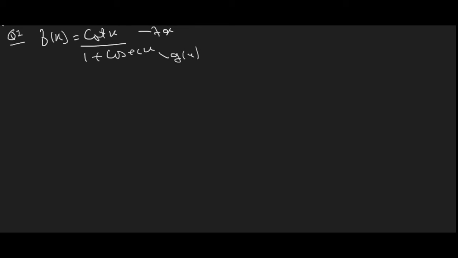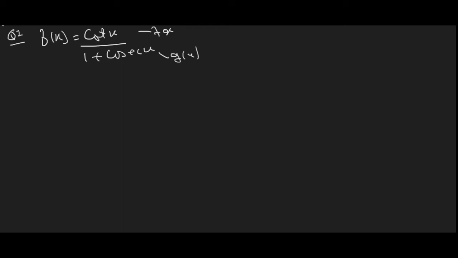Now next question. Question number 2. F of x is equal to cot x whole divided by 1 plus cosecant x. Now here we have two different functions. This is again f of x and this is g of x, which are being divided. So we are going to use the division rule as we have studied.